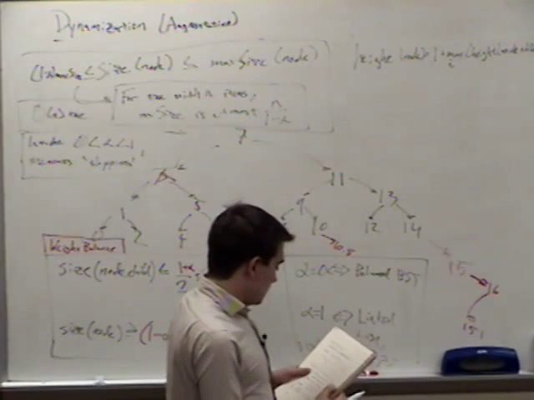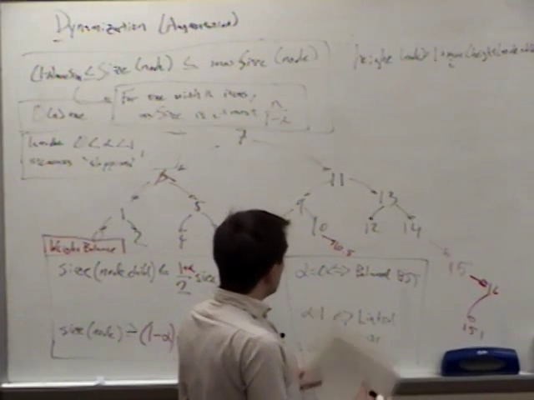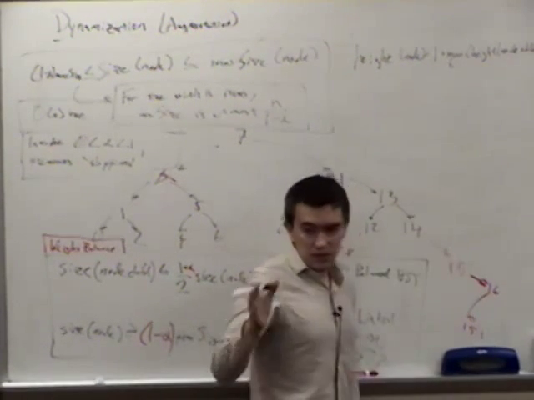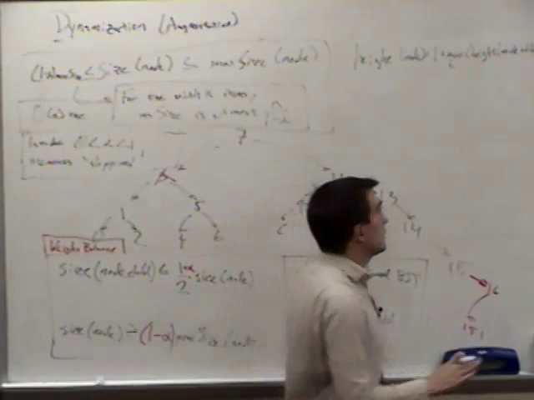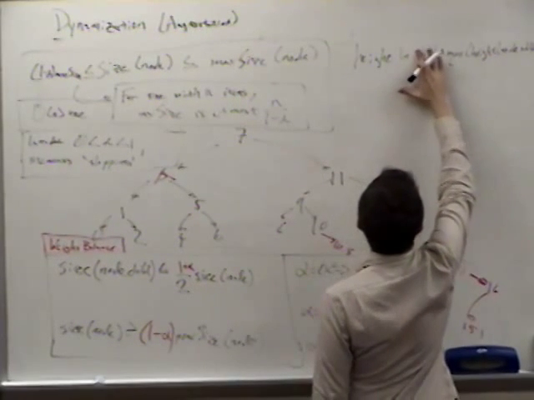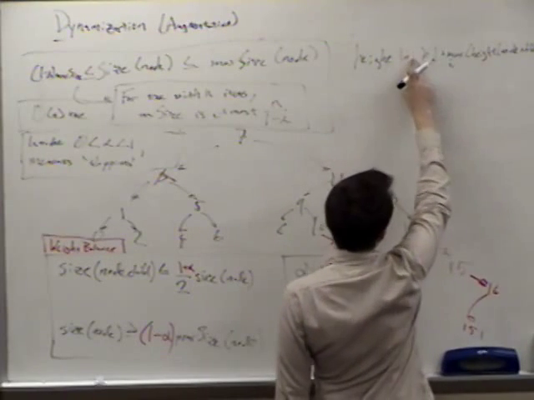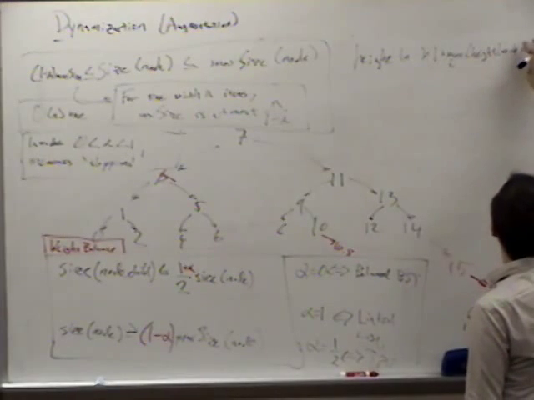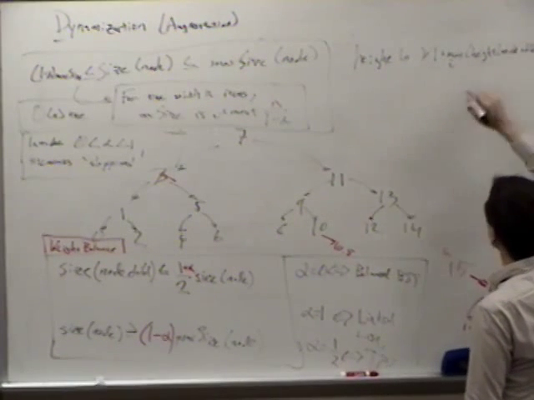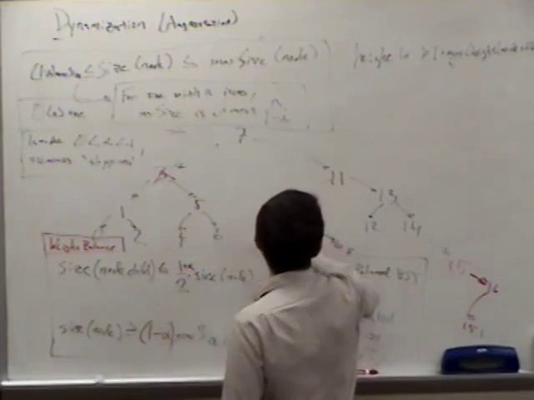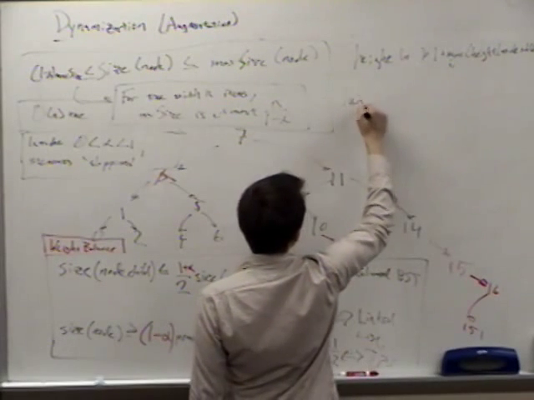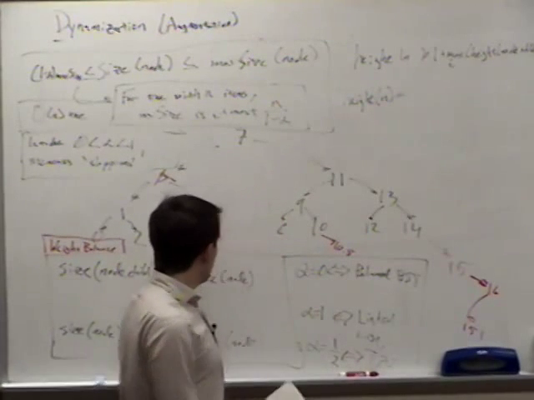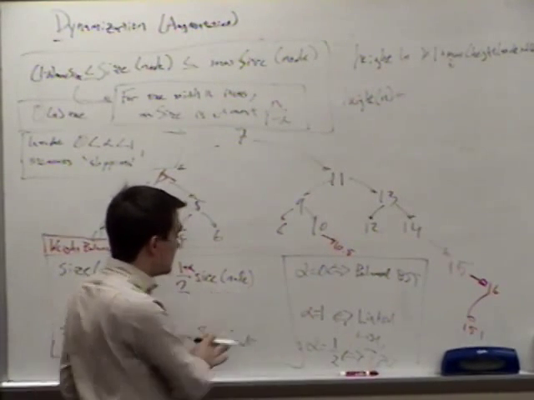Now, another way we could also think about this is that if we parameterize this not as a function of node, we're going to think of this as a function of n, the number of nodes in the tree. So we'll write this as the number of items in the tree, order n here. So this is going to be the max of this height plus the size of node child i. But from this equation, we can rewrite this as height of n, and if we take the max of all of them, it can never be bigger than this quantity here.